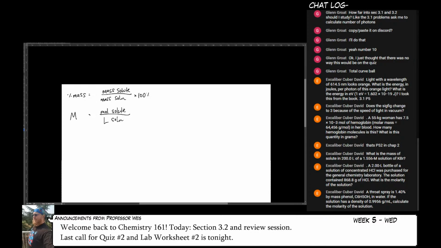Now, in order to solve this, you're going to have to make some sort of assumption, right? Because the problem doesn't tell you how much solution you have. So I'm going to assume we have 1 liter. I need to find all of these things.